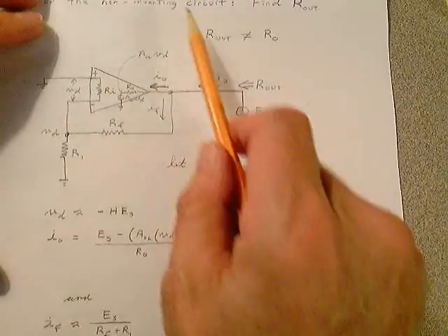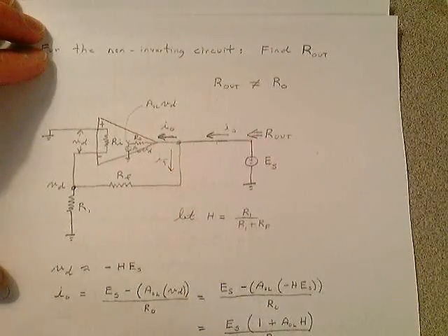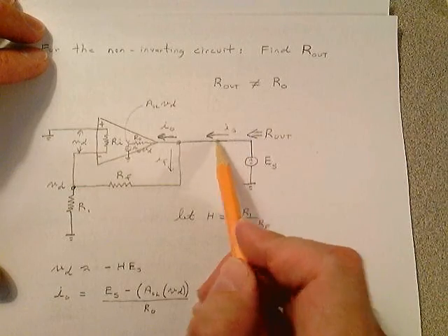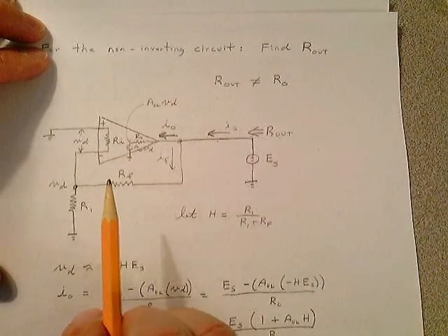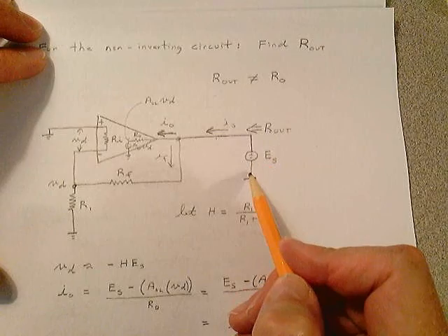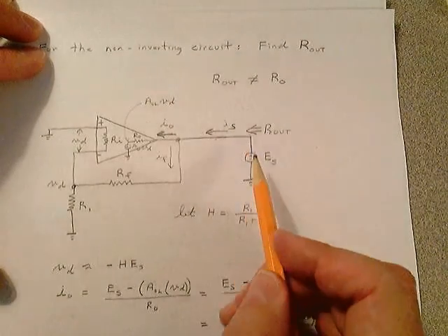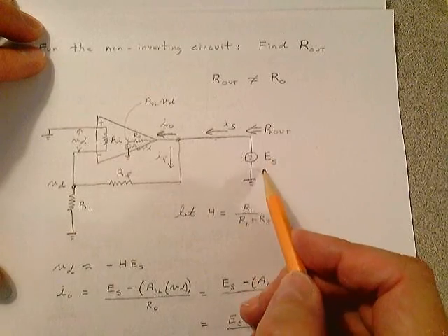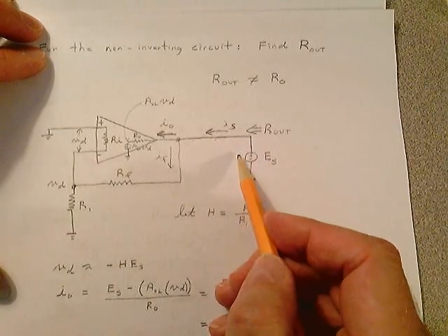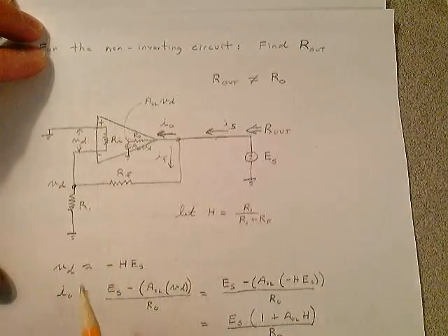So all they did in this analysis here is they said, how can we figure out what Rout is? Well, they stuck a voltage source out here to feed in current, called it Is. On paper you can do this. They put an Es out here and analyzed that circuit for Is.